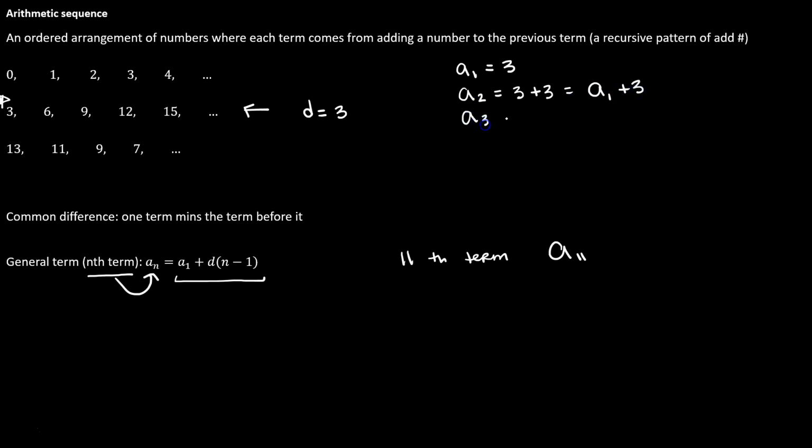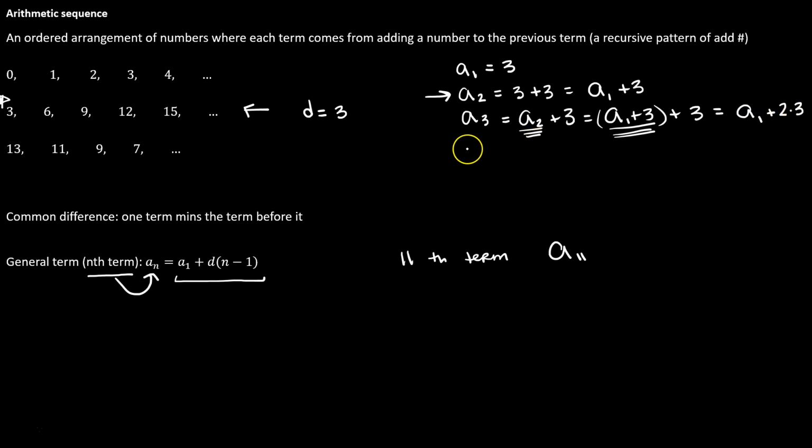And then to find our third term, we took a sub 2, which was a sub 1 plus 3, so a sub 2 plus 3, which is a sub 1 plus 3, and then we're adding another 3 to it. So I've replaced a sub 2 with a sub 1 plus 3 because we found a sub 2 using a sub 1 plus 3. And we can rewrite this. If we have a sub 1 plus 3 plus another 3, we could write that as a sub 1 plus 2 times 3.